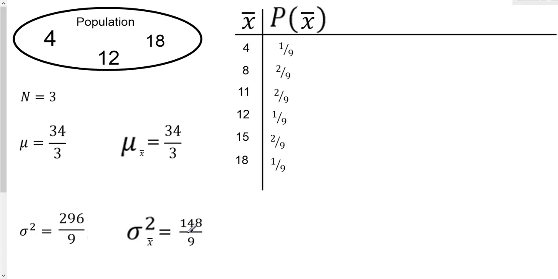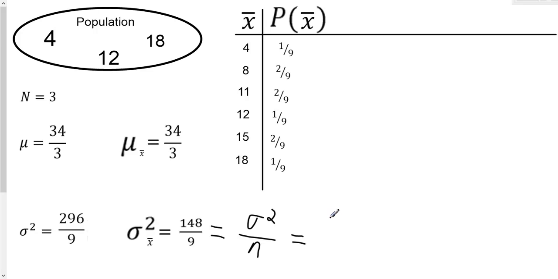When I calculate the variance of the sampling distribution of x bar, I actually get the population variance, sigma squared, divided by n, okay? Because that's exactly what this is.